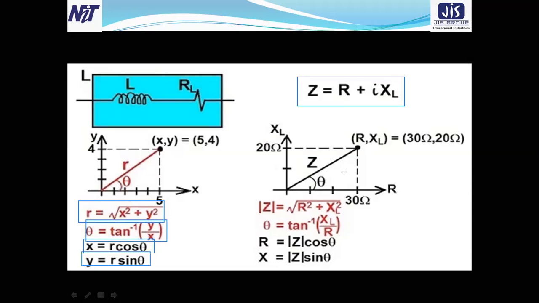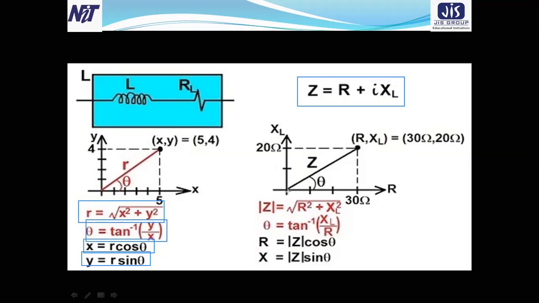And in the mathematical way, if you want to convert it from rectangular to polar, then previously for trigonometry it was x, y, and here it is R and XL, the inductive reactance. If the angle is theta and the distance from the center to that particular point is Z, then mod Z equals root over R square plus XL square.